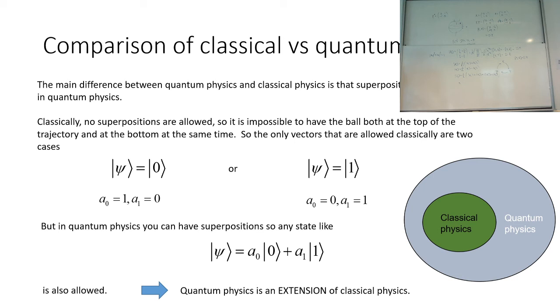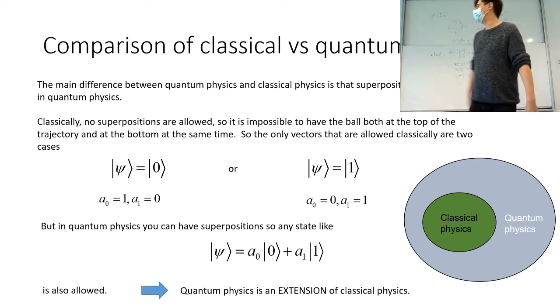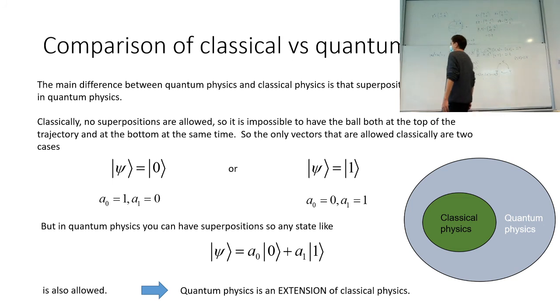So quantum mechanics actually contains classical physics, but there are some extra states that you are allowed to have, which you don't have in classical physics. This is the sense in which quantum physics contains classical physics, but there are some other things you have to take into account, which is basically the superposition effect.